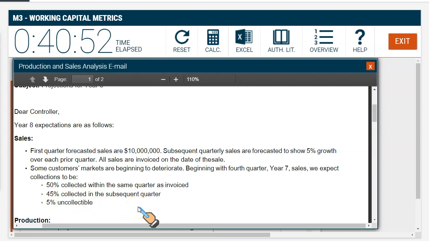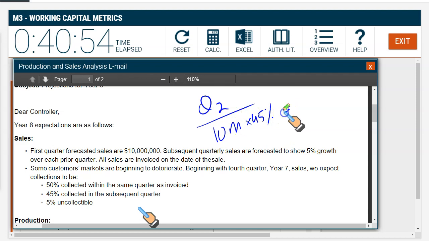Now, if you use this information for the second quarter, what do I have for quarter 2? My collections are going to be from the first quarter sales, which is 10 million. Remember, 50% is collected in the same quarter, 45% in the subsequent quarter, and 5% uncollectible. So I'm going to collect 45% of the first quarter sales in the second quarter, which is 4.5 million.